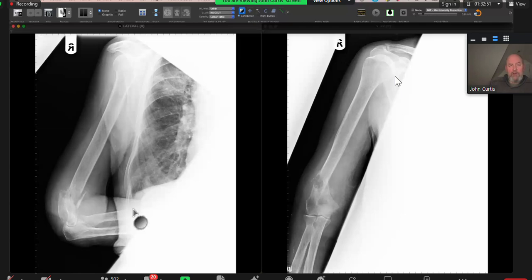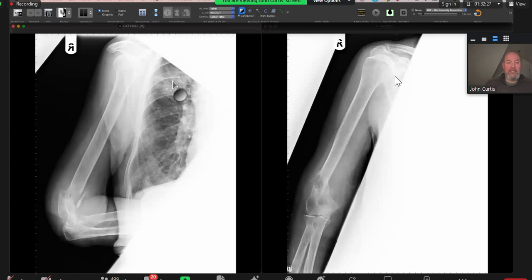Whenever you see a pathological fracture, think, if it's lucent, think breast, bronchus, thyroid, kidney. Also think about myeloma and also think about lymphoma. But this clearly is due to a bronchial carcinoma because you can see it on the same film.